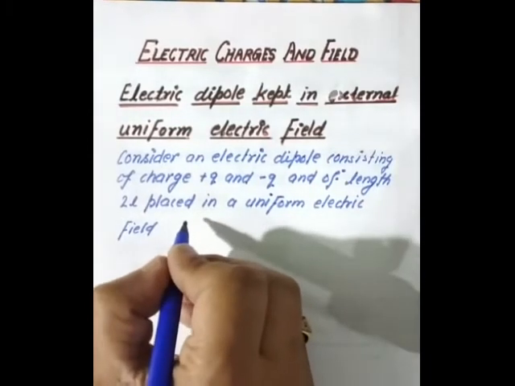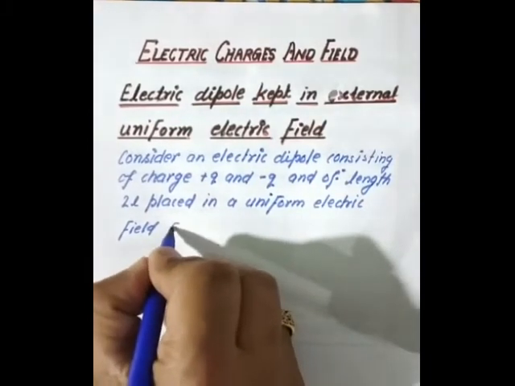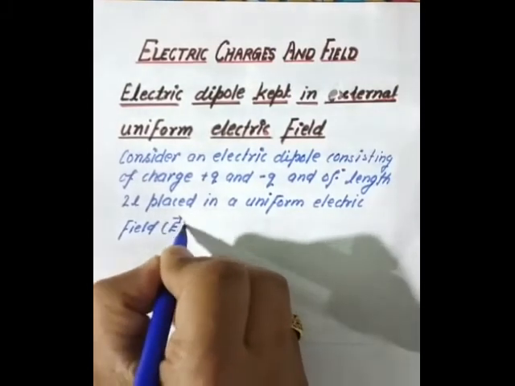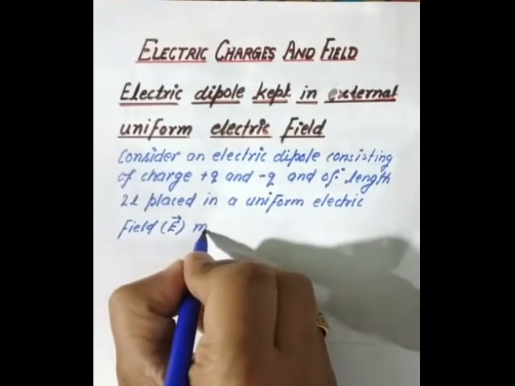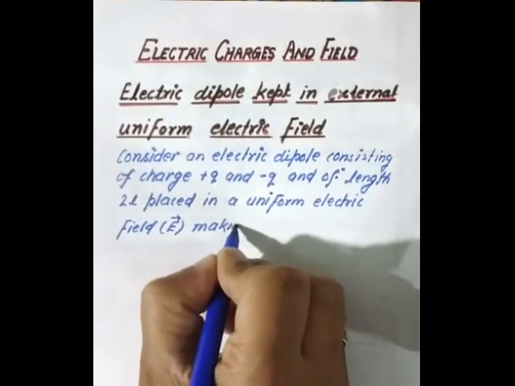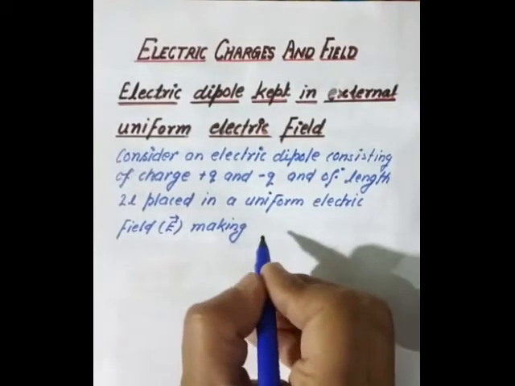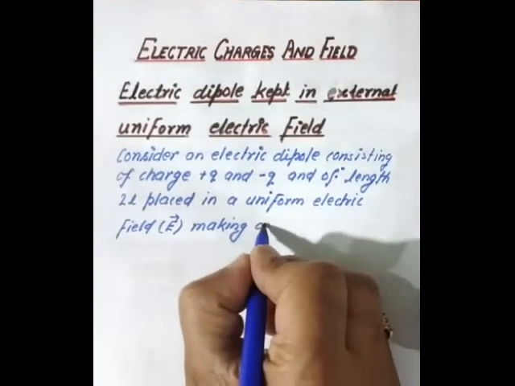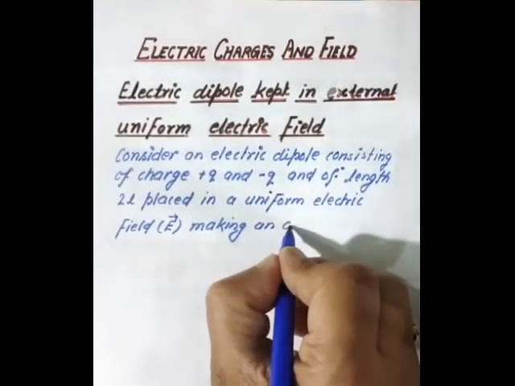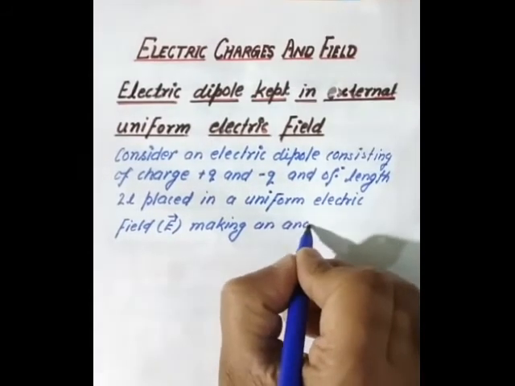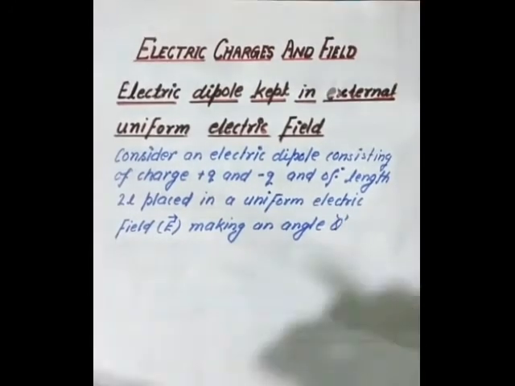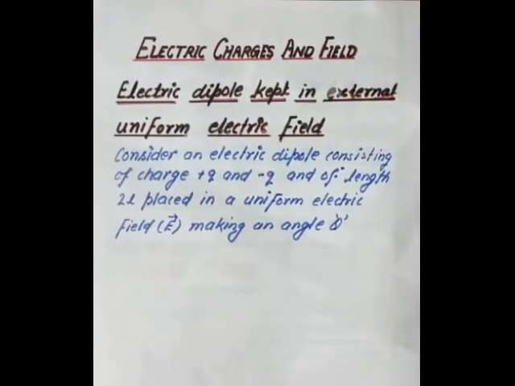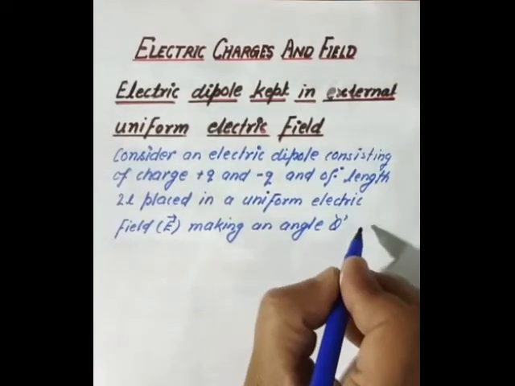The uniform electric field should be represented by E vector, making an angle. That angle should be theta, the angle between electric field and dipole.